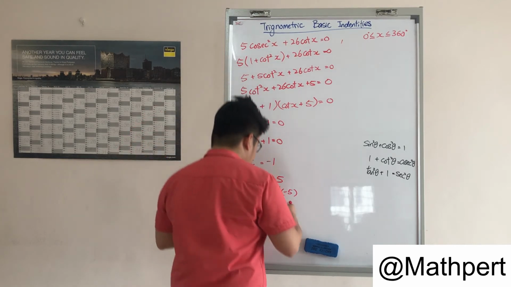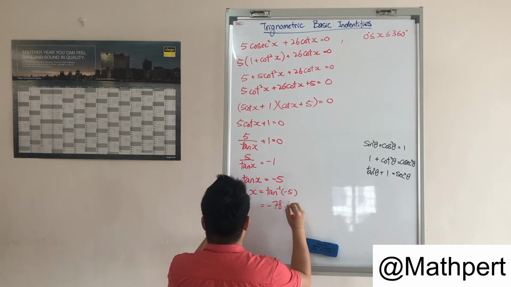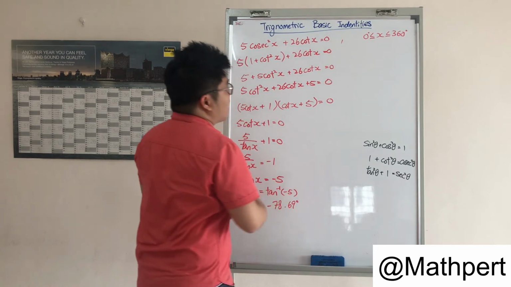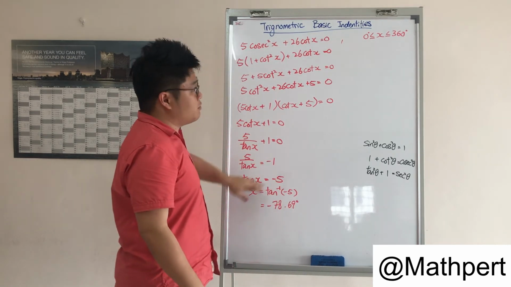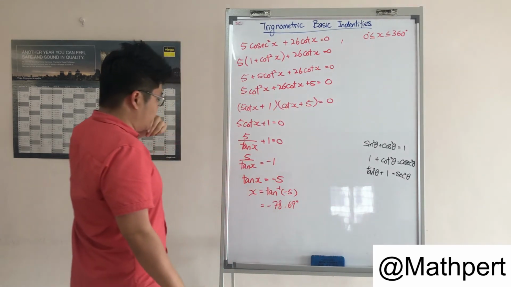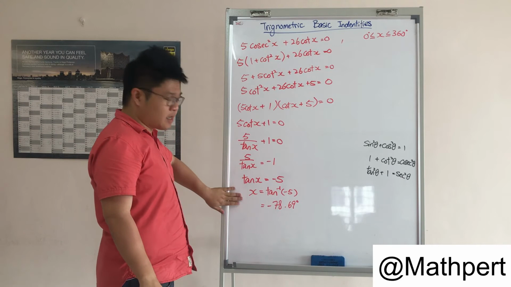So arctangent of minus 5, we get minus 78.69 degrees. However, we are asked to find the value of x between 0 and 360 degrees. This tangent is negative.